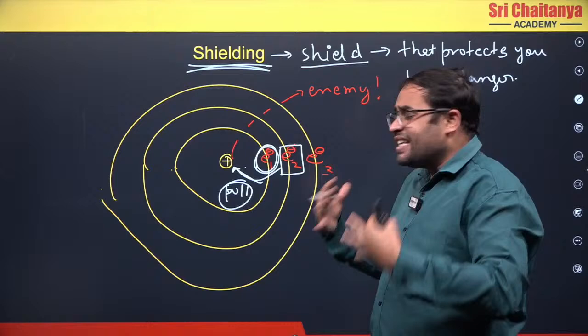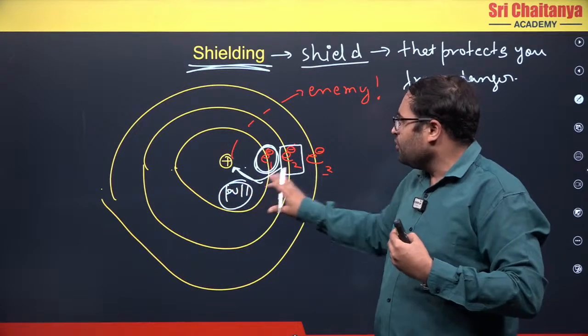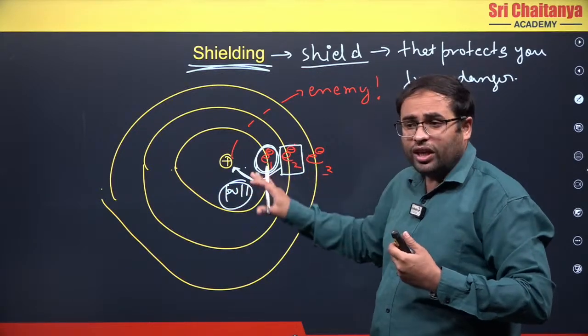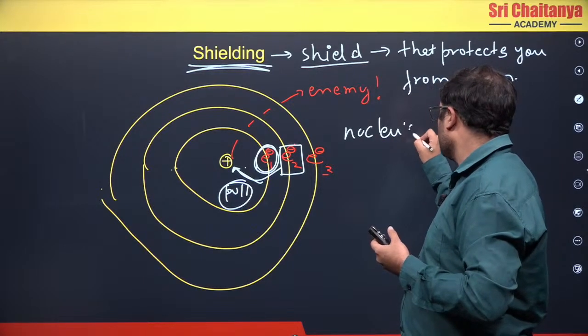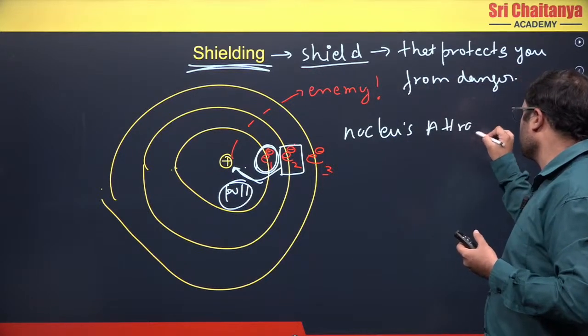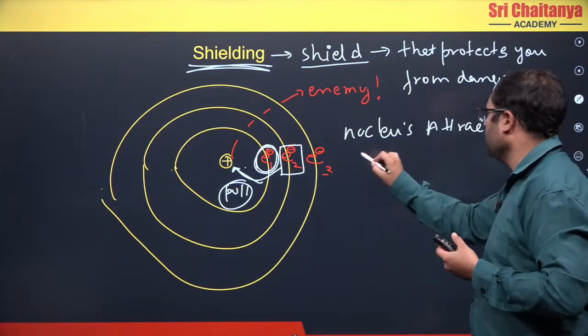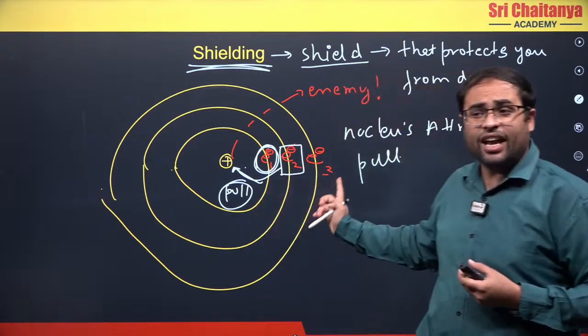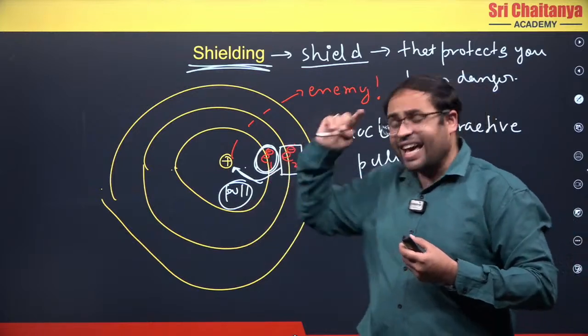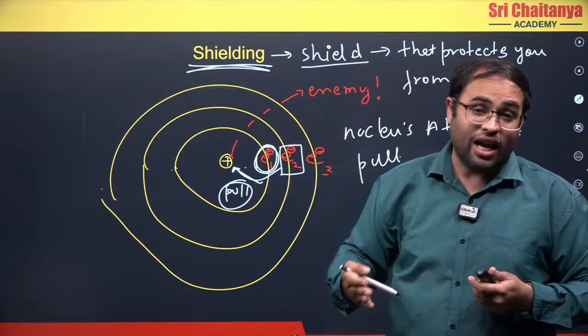So what is the power of the nucleus that electron 2 feels? It is the nucleus's attractive pull. The nucleus is trying to pull this second electron towards itself, but the inner electron is preventing that.